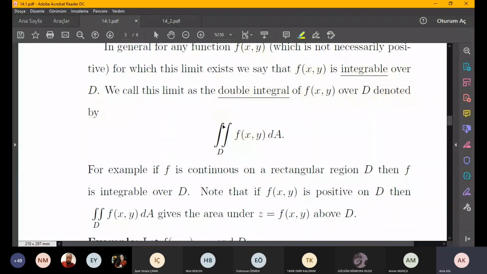So it will be the double integral of f(x,y) over the domain D here.